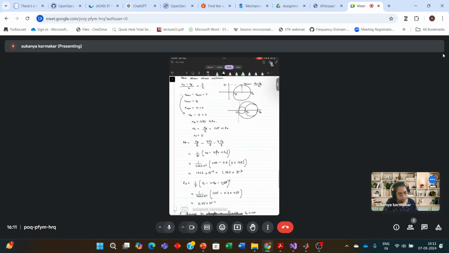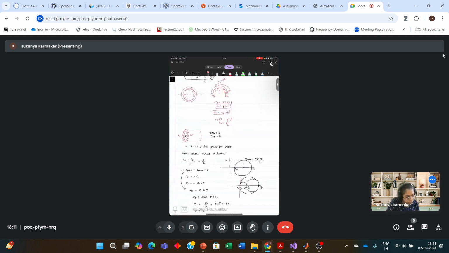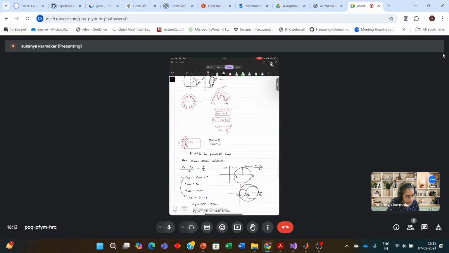And the change in circumference is related to the theta axis, the circumferential direction.